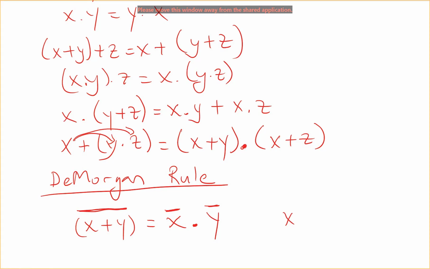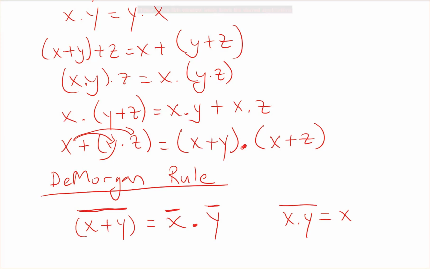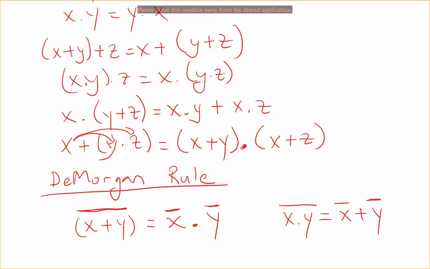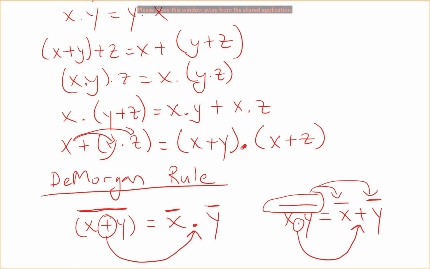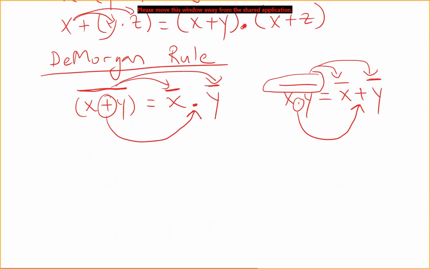Similarly, if I have not of (x and y), this is equal to x not or y not. You take the not operation and apply it to each variable, and the operator changes: an AND becomes an OR, and similarly an OR becomes an AND. So let's try to prove this De Morgan rule.